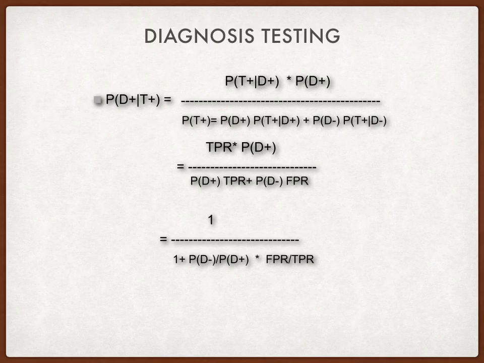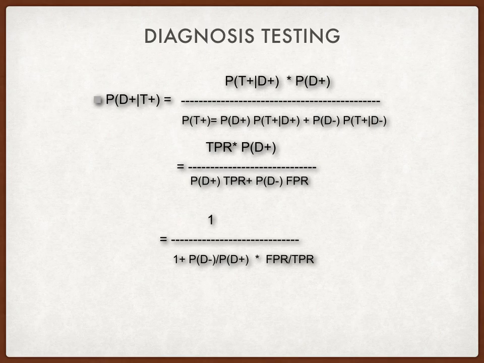And then we have P here, we're dividing with this, right? So at the bottom we have 1 plus the probability of not having the condition over the probability of having the condition, multiplied by the false positive rate divided by the true positive rate.